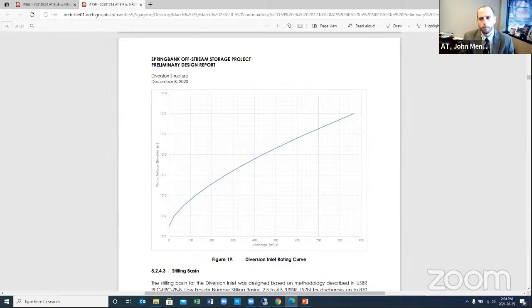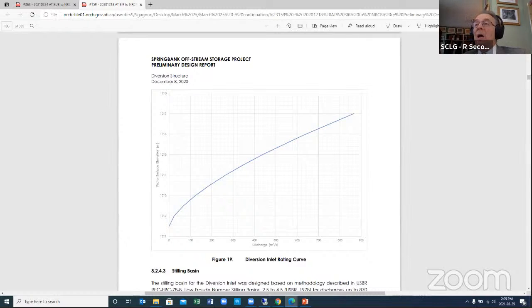All right. And in relation to the diversion inlet rating curve that we see here, were the water surface elevation at the measuring point 10 to 20 meters upstream, say it was at 1,217 meters, that would provide a discharge rate at that point of something in the order of 880 cubic meters per second.